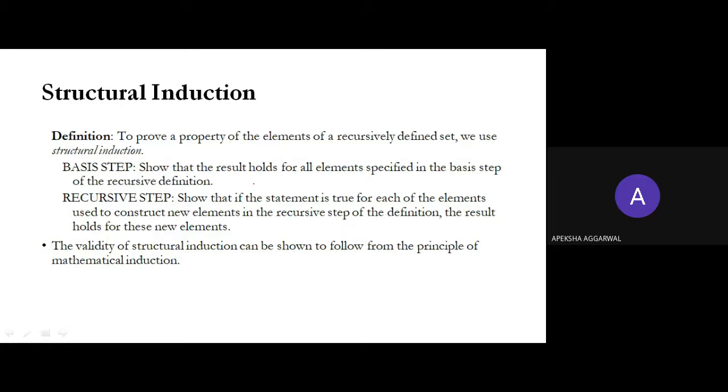Then recursive step: show that if the statement is true for each element used to construct a new element in the recursive step. So we define a basis step and then keep on reconstructing using the recursive step. Now to show that this induction is valid, we use mathematical induction. We studied mathematical induction in the last class.